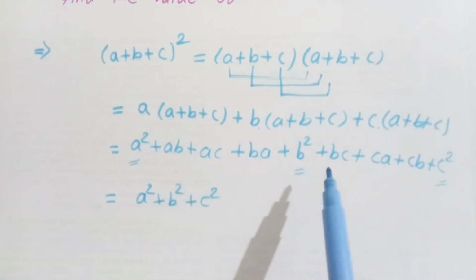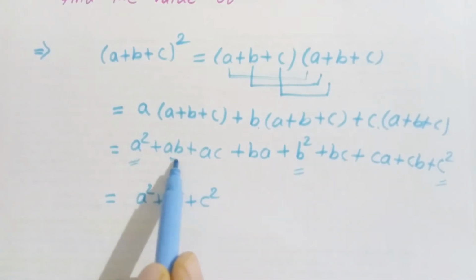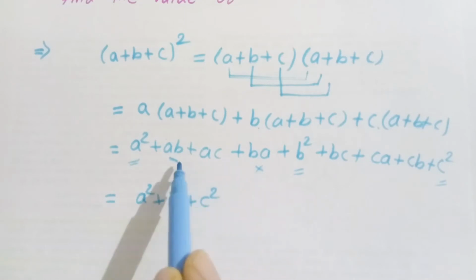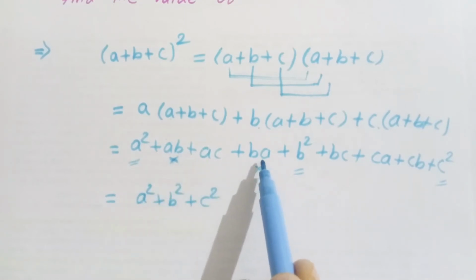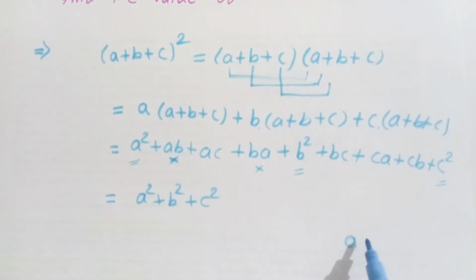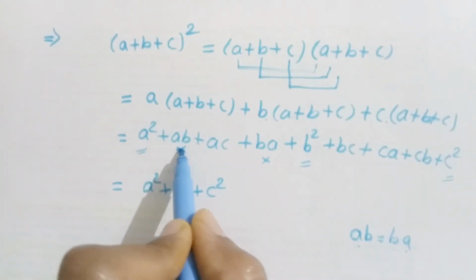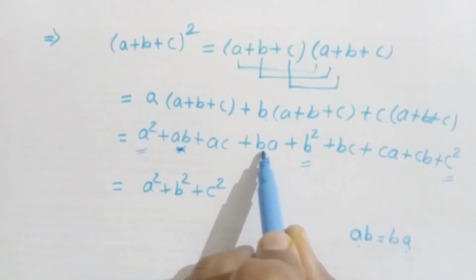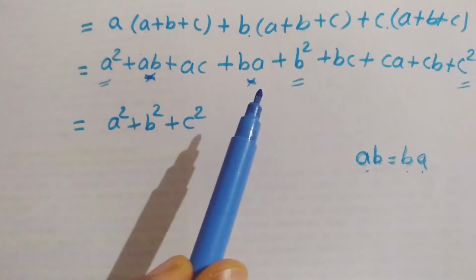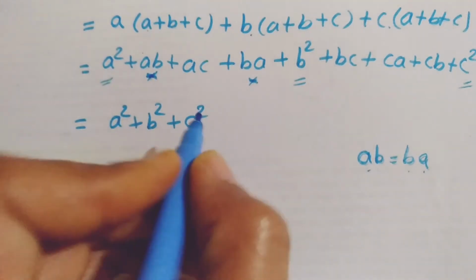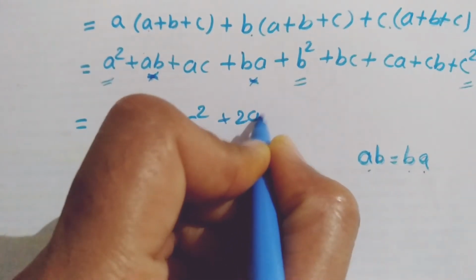And remaining terms, if you observe that here ab and this term is ab, because in real number system ab is nothing but ba. The product of ab is equal to the product of ba. So here the second term and this fourth term are equal, just you can add these two terms, we get twice ab.